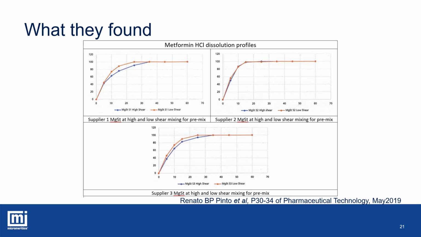I agree with this completely, but I also think it shows something else that's interesting. I think if it were possible to measure the surface area of the mag stearate sample in the deagglomerated state at the premix phase without the API present, then you would probably find that the mag stearate samples from suppliers 1 and 3 had significantly higher surface areas, as the agglomerates are plates stacked face on to each other.